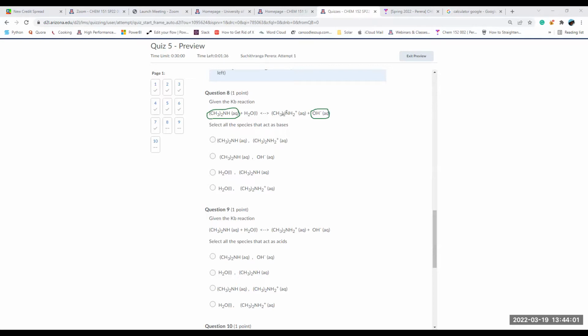The conjugate acid cannot accept a positively charged proton now, because it already has a positive charge. Positive charges will repel each other. Therefore, it is more likely that OH minus accepts a proton in an acid-base reaction. So the correct answers are these two. Therefore, I think it is option B. That's what I will select as the correct answer for this question.